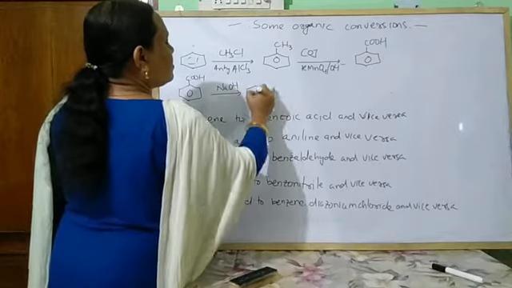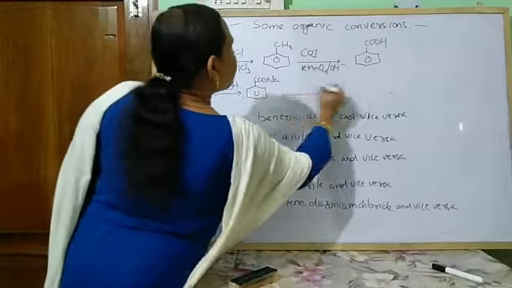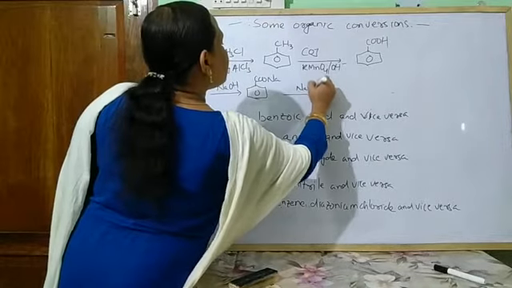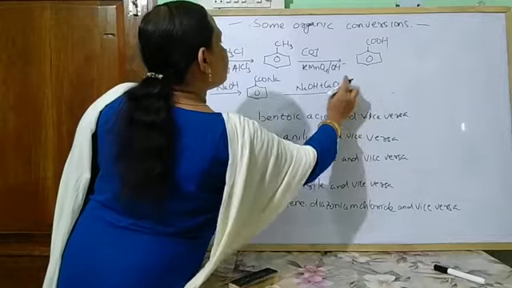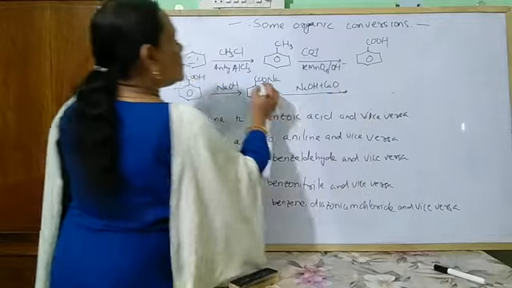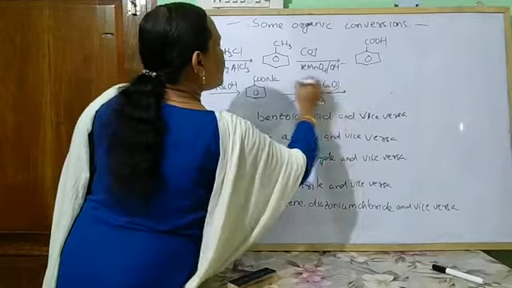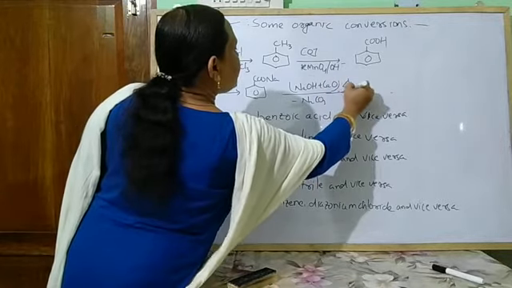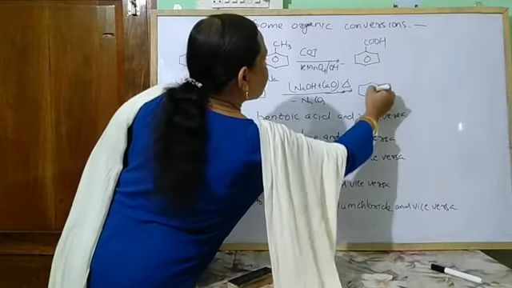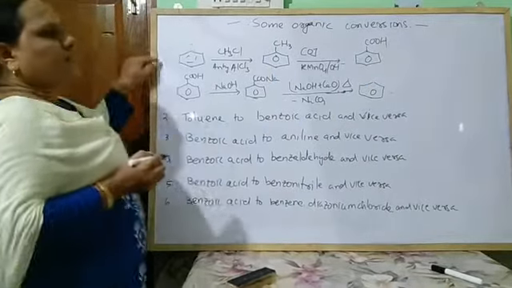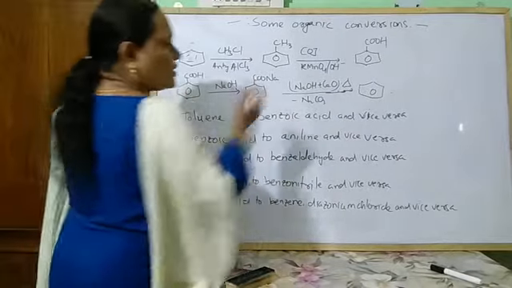First it forms sodium benzoate, which when heated with soda lime, minus sodium carbonate, forms benzene. So this is benzene to benzoic acid and benzoic acid to benzene.